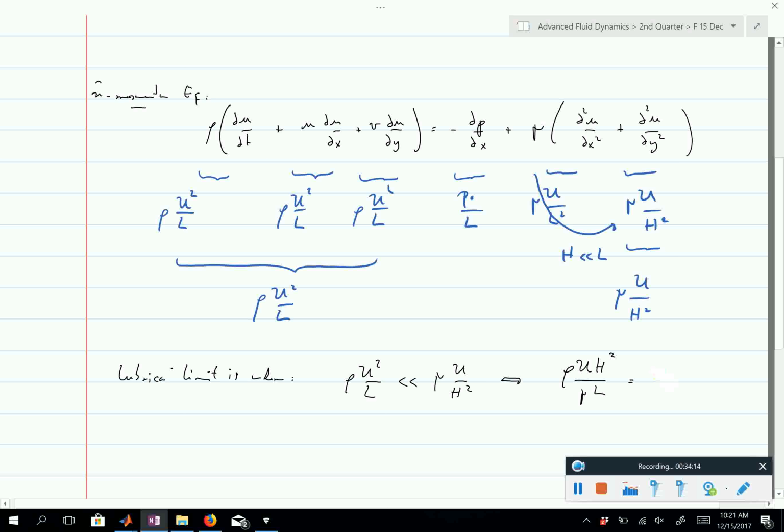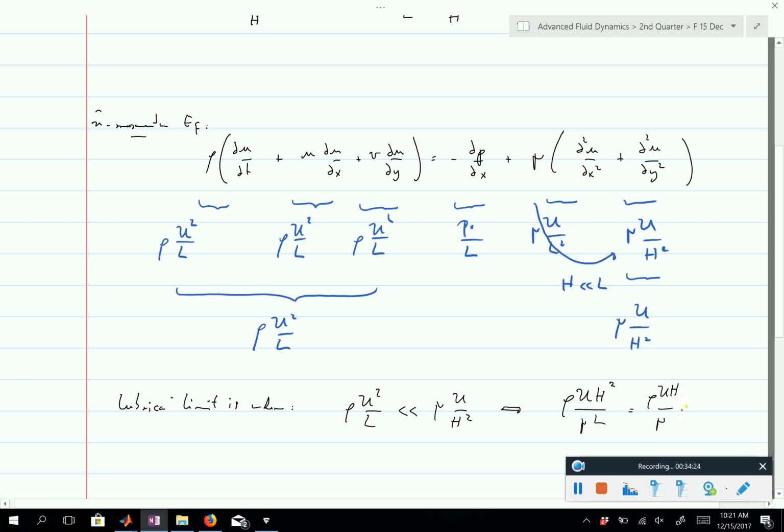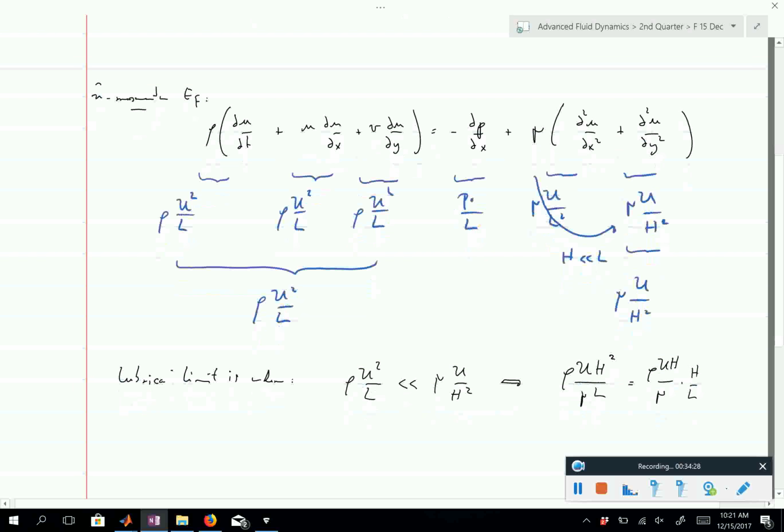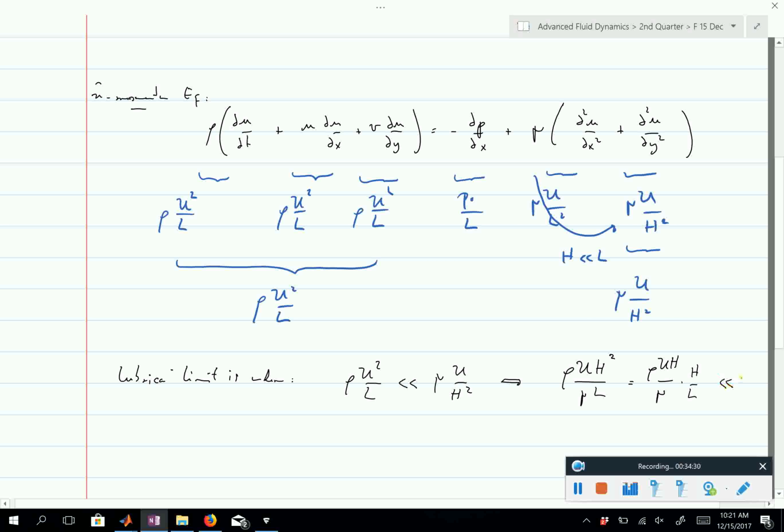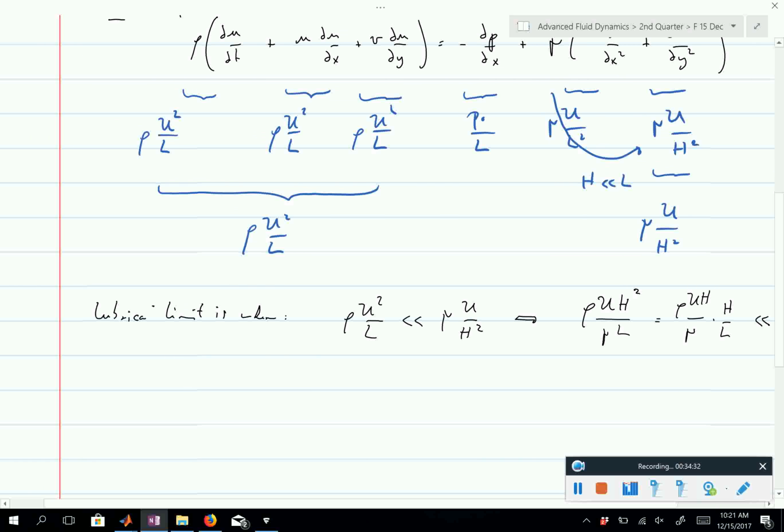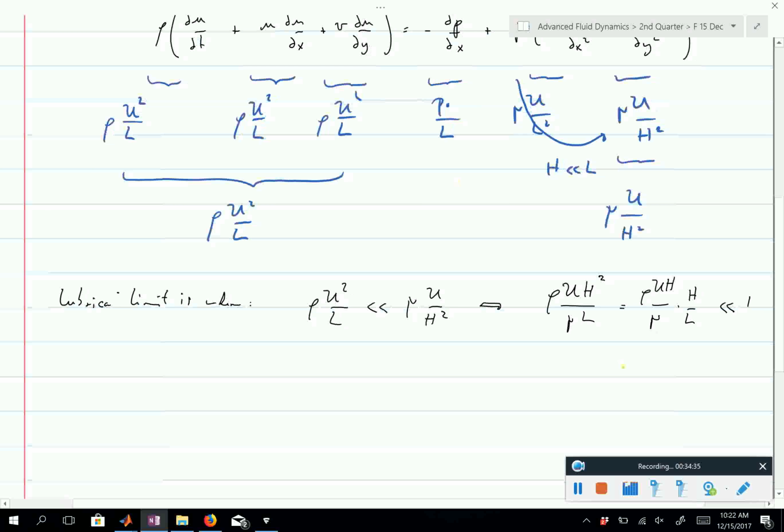Let me write that. I can write it as rho u h divided by mu. That will be the Reynolds number based on the length scale which is across the flow, times h divided by L. And this number here needs to be much less than 1. So the lubrication assumption you can rewrite as the Reynolds number, I'm going to put an h here to make sure we don't confuse them.